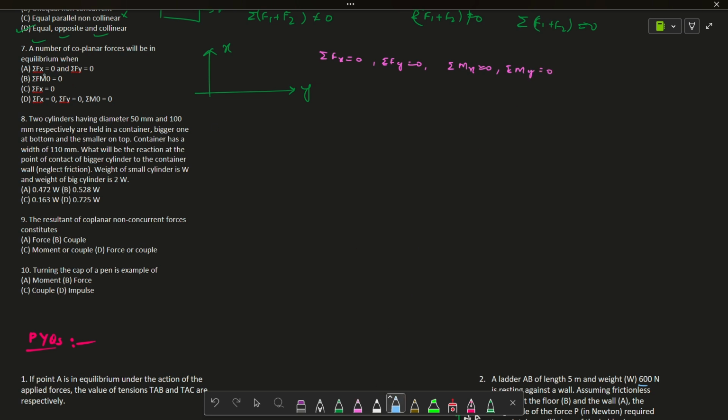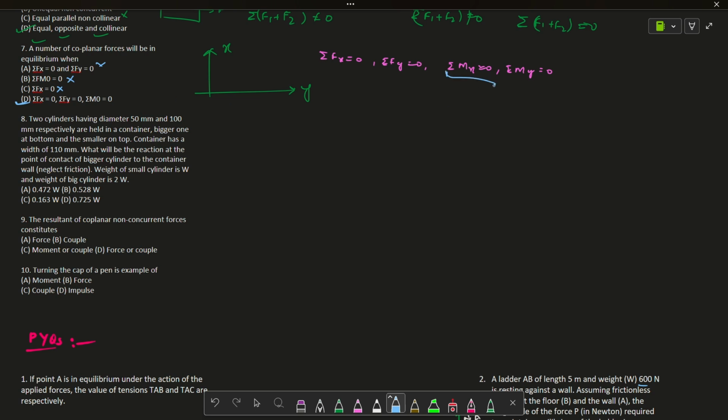Now in the first option, Fx and Fy is 0, it is only talking about the forces term only, not the moment term, so it's not correct. Another is dealing with something moment into force, it's also not correct. Only forces in direction, so it's not correct.